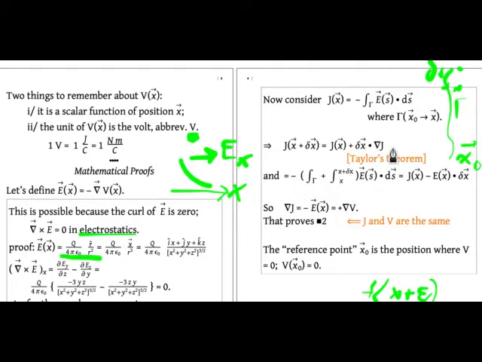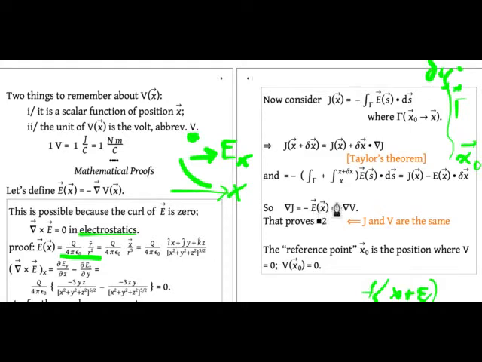All right, now if I compare these two relations, they're equal. I see that delta x dot gradient j is equal to minus E dot delta x. And that has to be true for any delta x. Well, the only way that can be true for any extension of the curve is if gradient j is minus E. So gradient j is minus E. And the way we defined E is minus the gradient v.